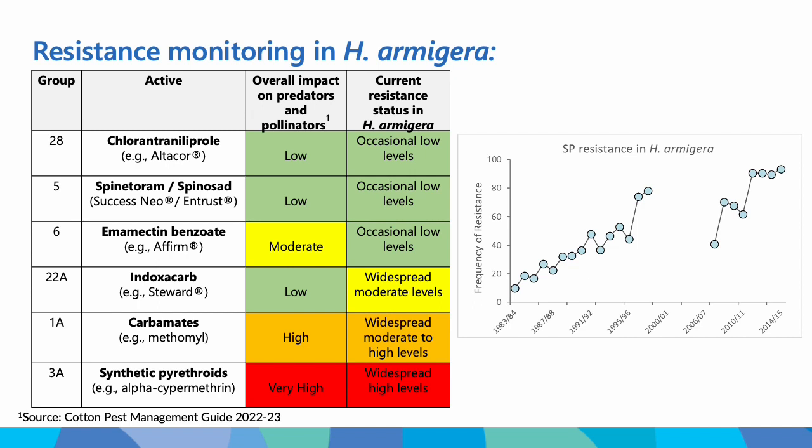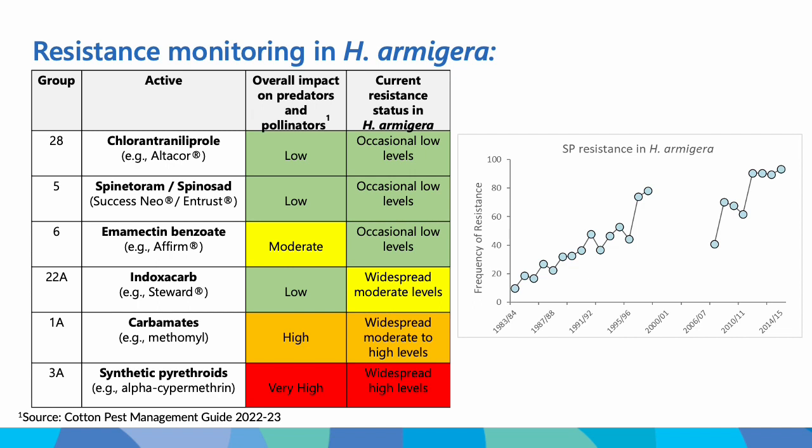Similarly, for synthetic pyrethroids, these have very high non-target impacts, and there are also extremely high levels of resistance to SPs in armigera, which means there is a very high likelihood of spray failures. And again, use of these products will be highly disruptive to beneficial invertebrate populations and therefore not compatible with IPM.